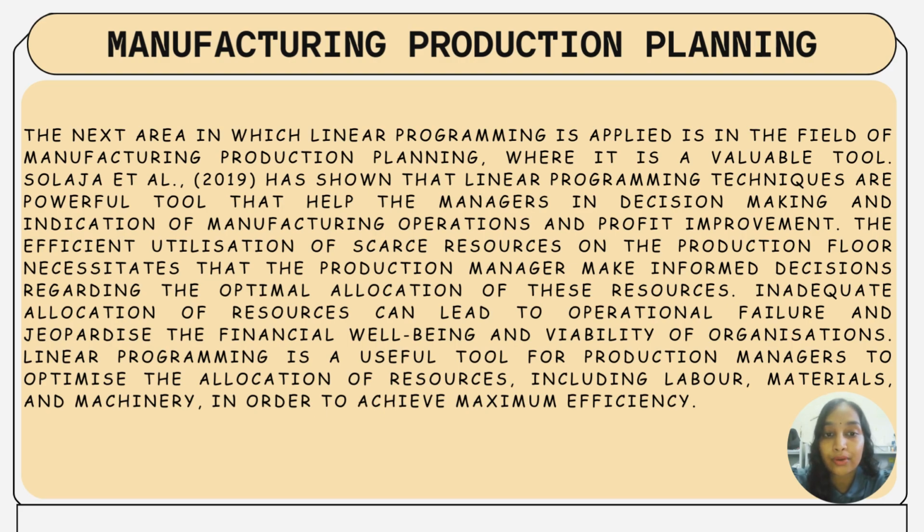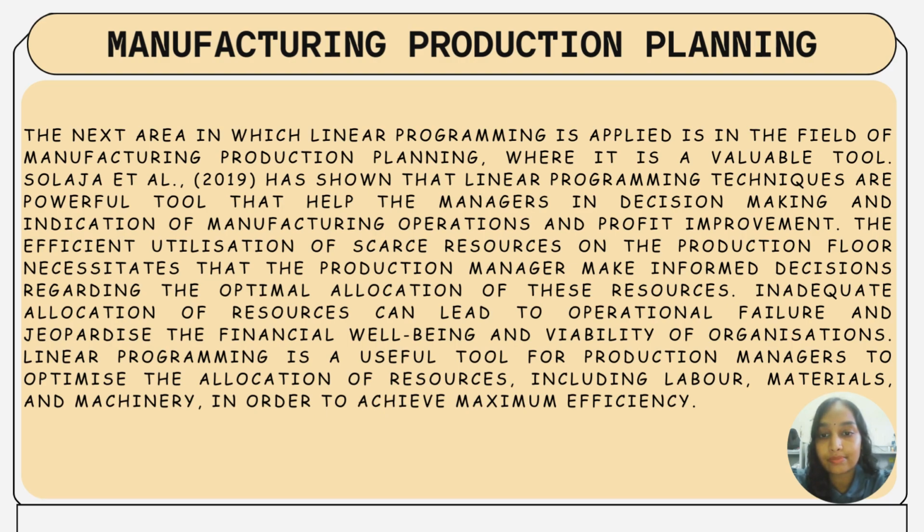As a production manager, they should make rational choices by distributing the limited resources that we have in order to maximize their use in manufacturing or production of the products or services they are focusing on.